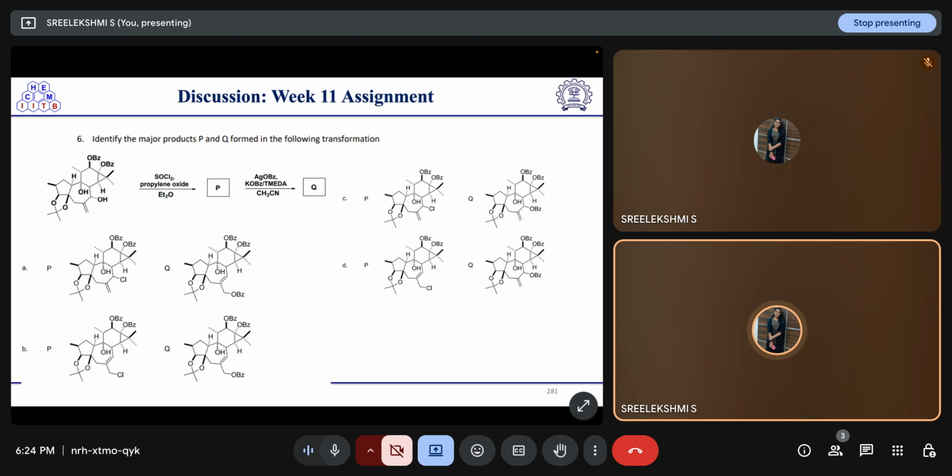Maybe one more question we can discuss in this session. Identify the major products P and Q formed in the following transformation.